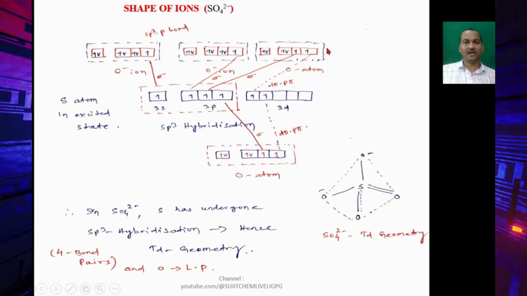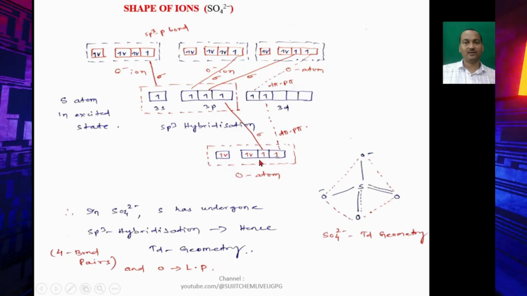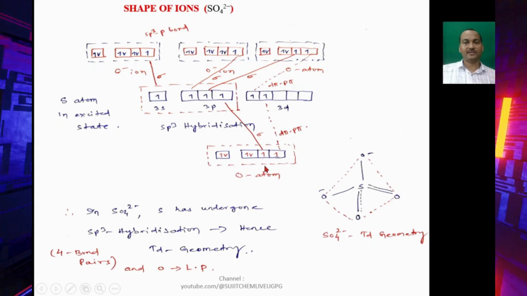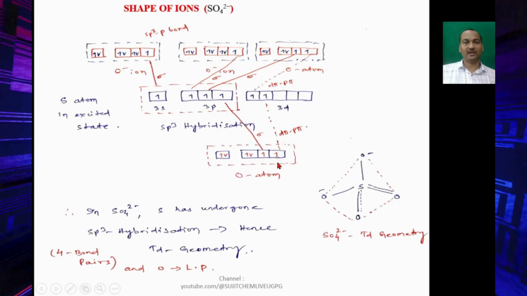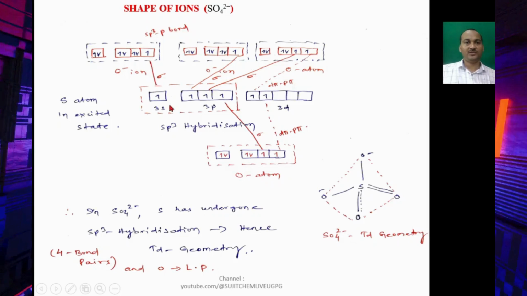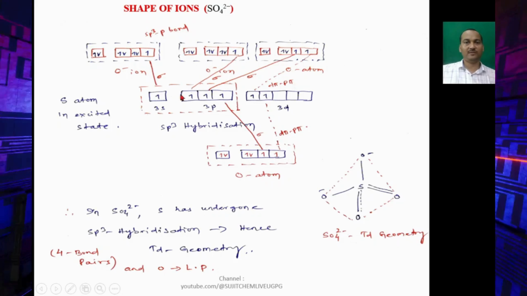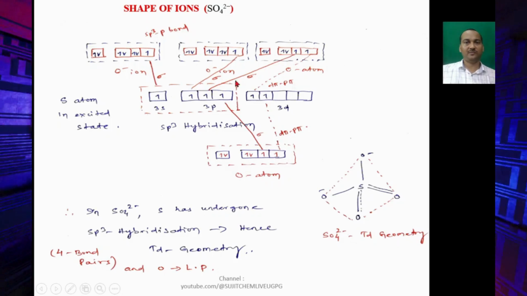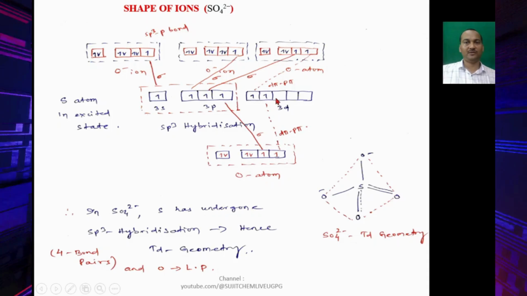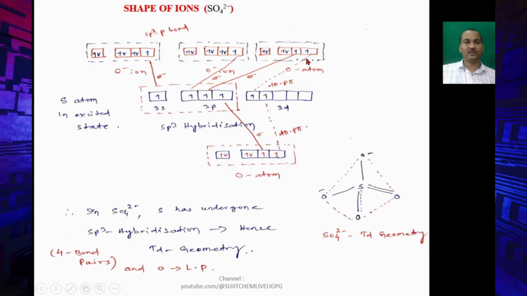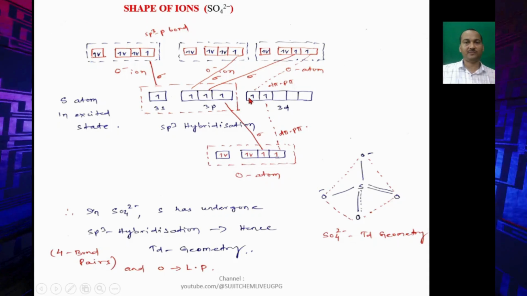This is one oxygen atom having 2 unpaired electrons, and this is another oxygen atom having 2 unpaired electrons. So these unpaired electrons can form sigma bonds. Similarly, this unpaired electron overlap gives rise to a sigma bond, this one gives rise to a sigma bond, and this oxygen O minus can also form a sigma bond.